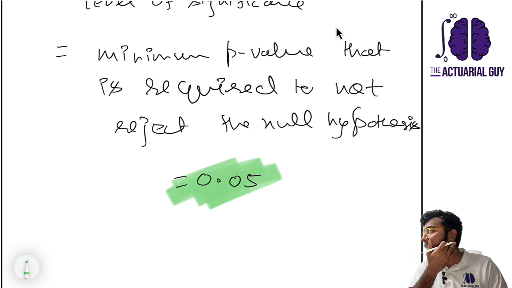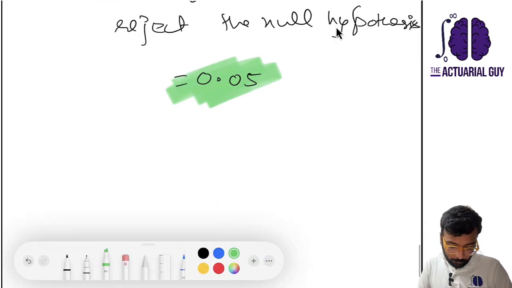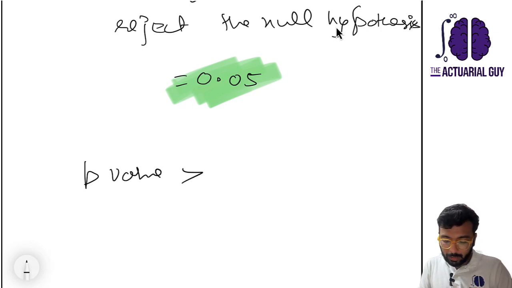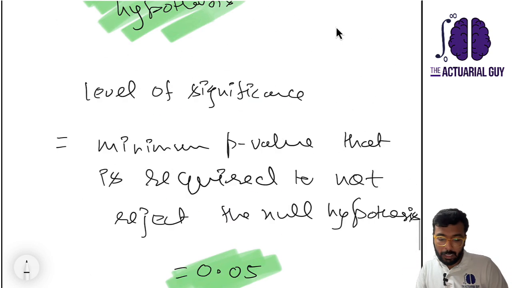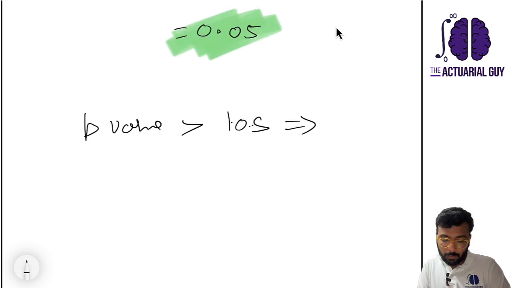In that case, if the p-value is greater than the level of significance, that is 5% in this case, then this is the minimum value required to not reject the null hypothesis. So if it is greater than the level of significance, we don't reject the null hypothesis.